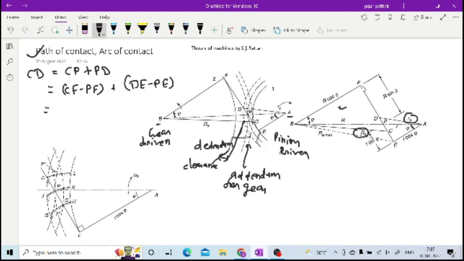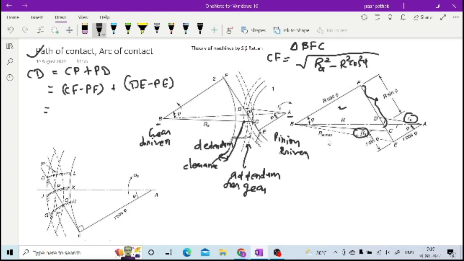Here this distance is CF. If you consider the triangle BFC, then in that triangle CF is nothing but the square root of RA square minus R square cos square phi, right?